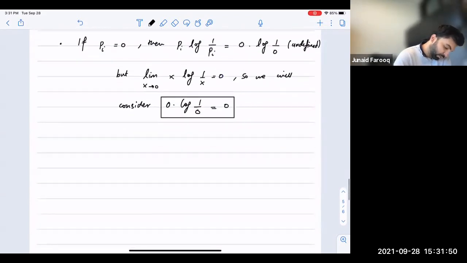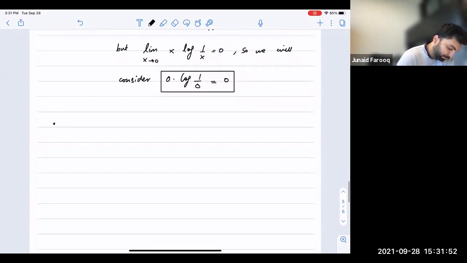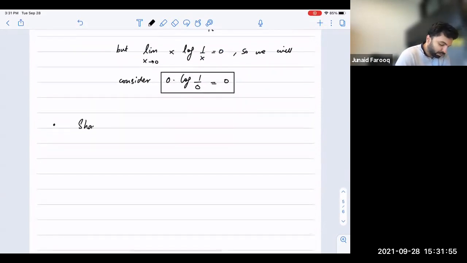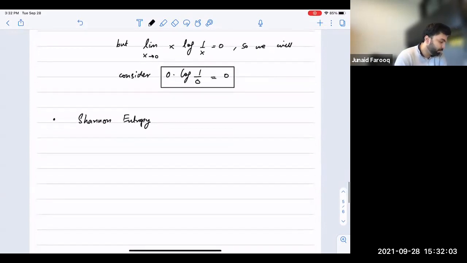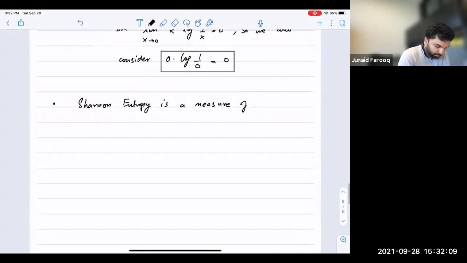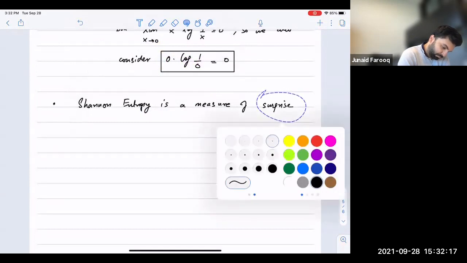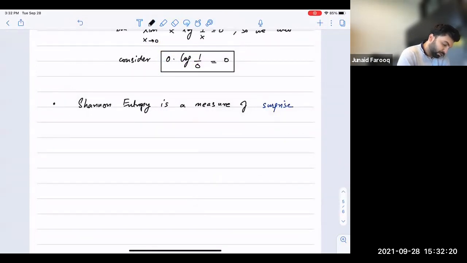Okay, so the next point here is simply a repetition, which says that Shannon entropy is a measure of surprise, or uncertainty, in a random variable.